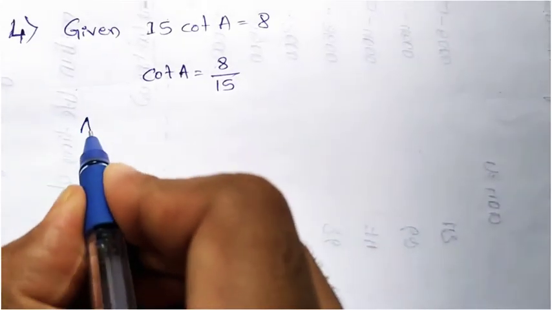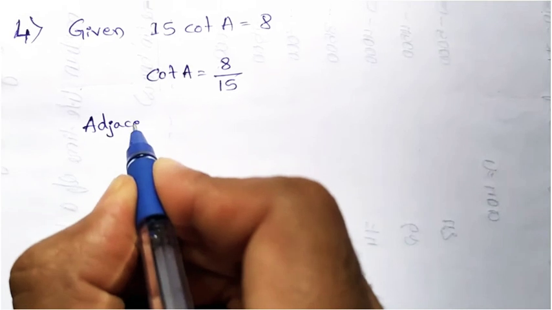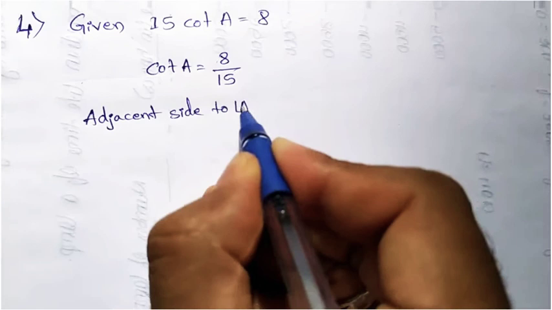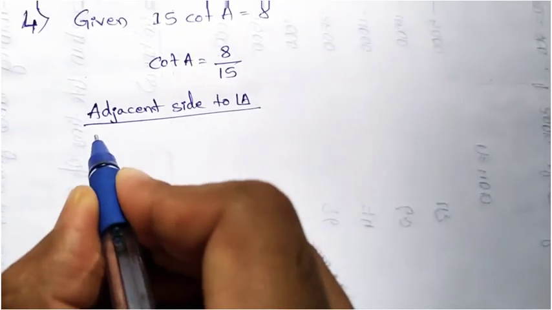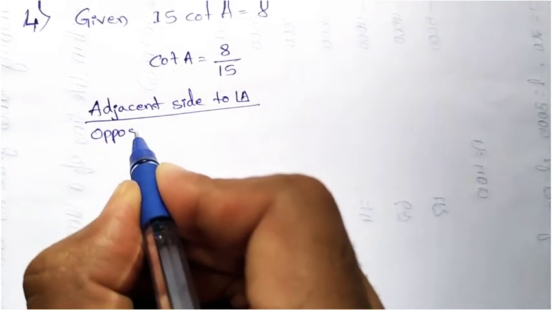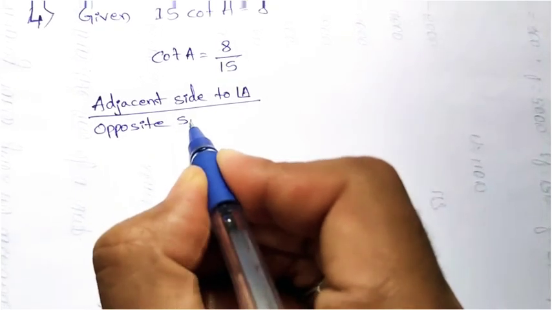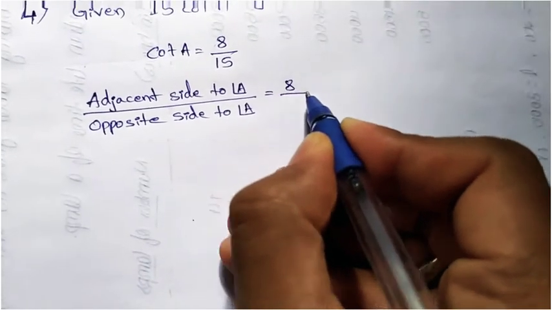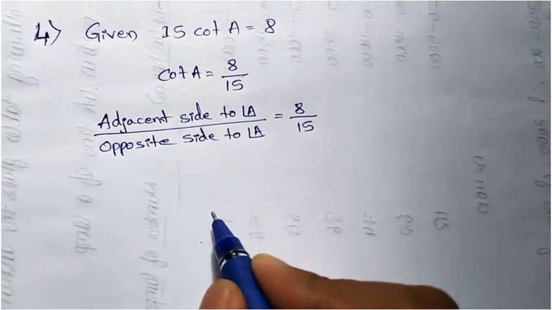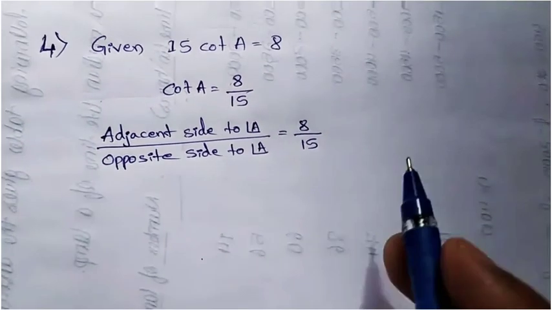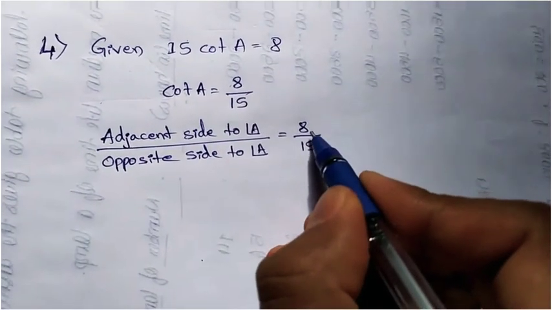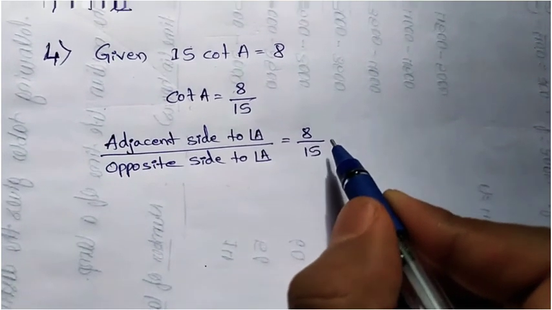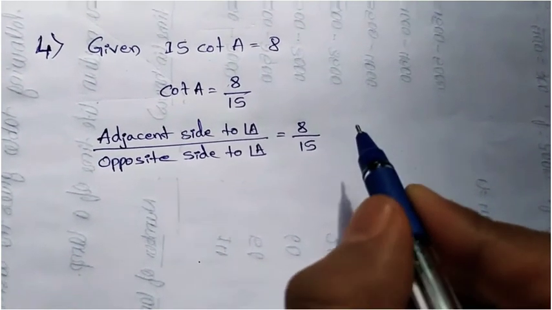That is adjacent side to angle A divided by opposite side to angle A. So they gave 8 by 15. If you see the example, they gave 8K and 15K, so instead of taking units like centimeter or meter, they took the K value.